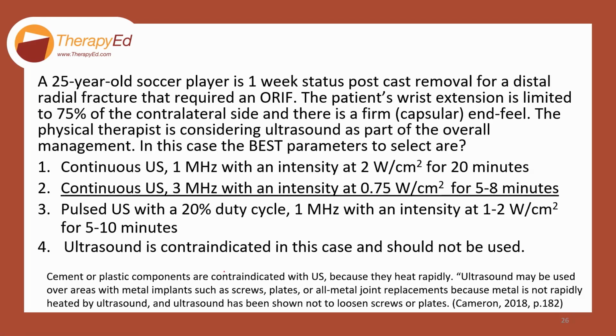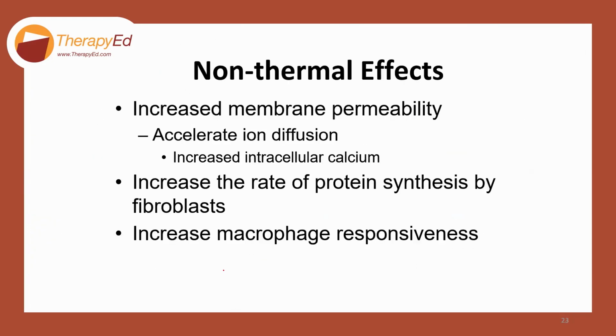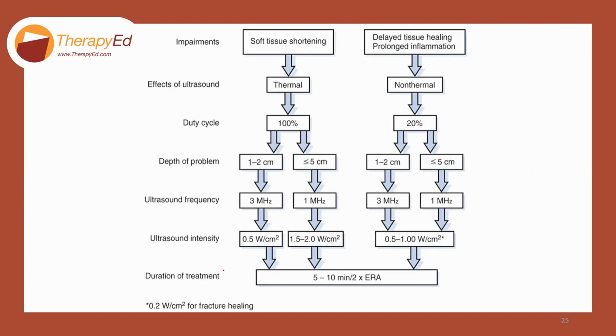Could you also go over the intensity as well? I sometimes get confused on that too. Sure. Let's see, I'm looking. There we go. So intensity, it depends. If you're trying to do thermal in 3 megahertz, since it heats 3 to 4 times as fast as 1 megahertz, you don't need to use as high of an intensity to get the thermal production.